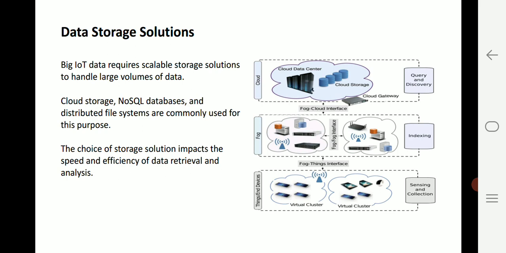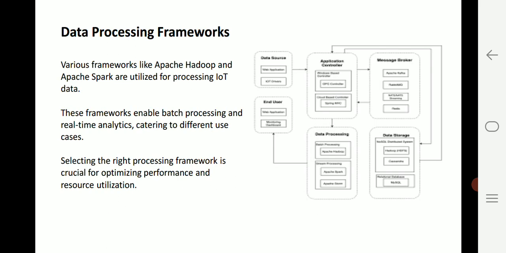Sensing and collection elements, indexing, query and discovery, data processing and frameworks. In IoT architecture there are different stages.